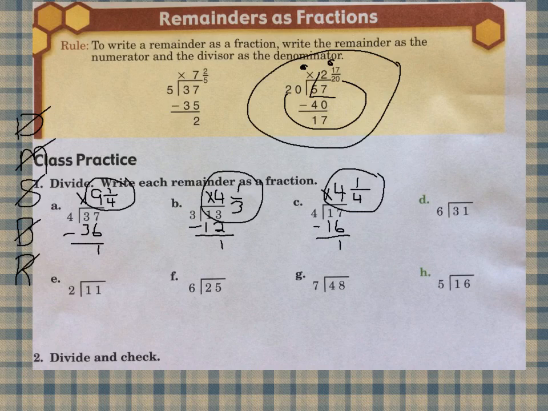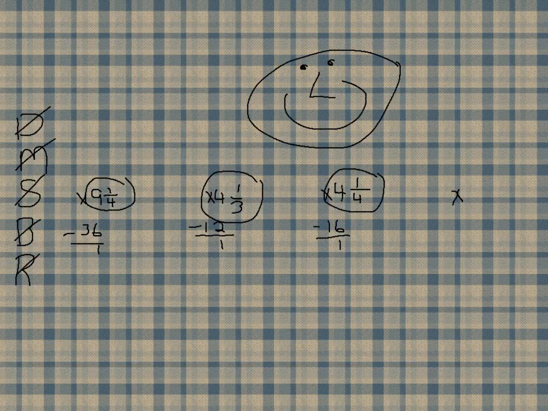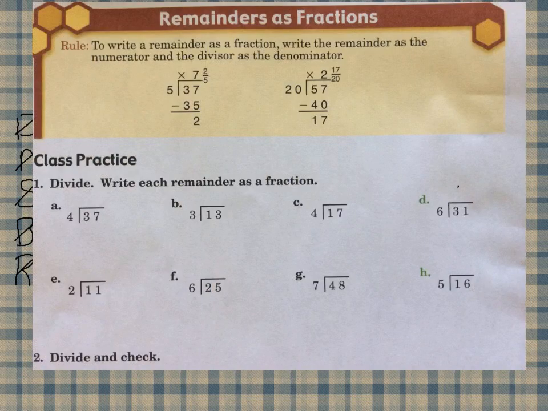D. 6 does not go into 3, so we'll put an X there. 6 does go into 31. Goes in 5 times. Oops. 6 times 5 is 30.